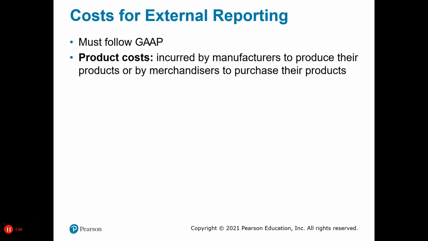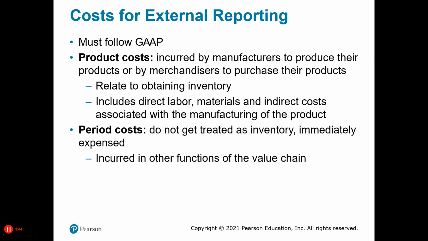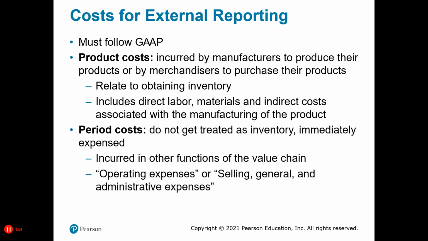These are normally treated as inventory until they're sold, and they include direct labor, materials, and indirect costs. Period costs do not get treated as inventory. Instead, they're expensed immediately, and they're incurred in other functions of the value chain. They are called operating, selling, general, and administrative expenses.